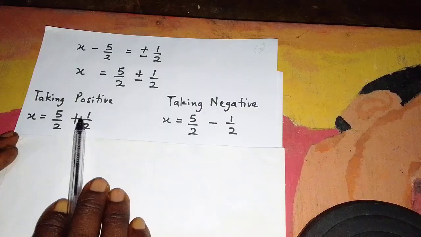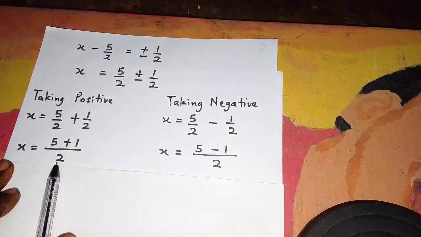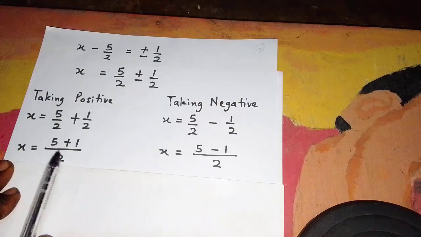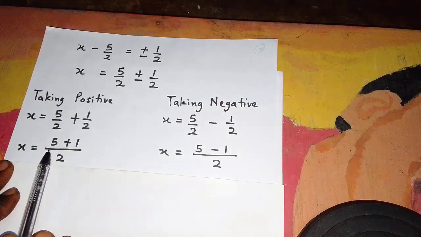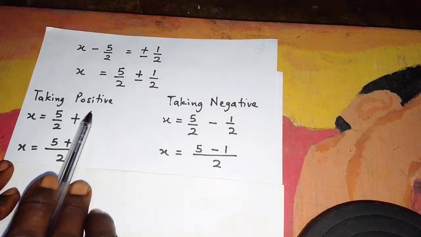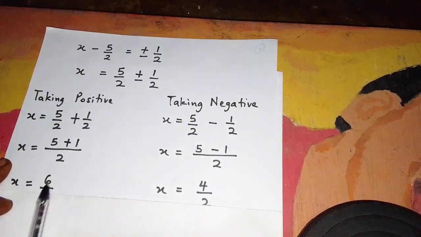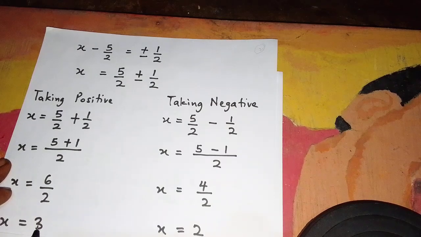These two are fractions, so you treat them like fractions. The LCM of 2 is what? 2. How many 2 are in 2? 1. 1 times 5 will give us 5 plus, how many 2 are in 2? 1. 1 times 1 will give us 1. 5 plus 1 will give us 6. Then divided by 2. 6 divided by 2 will give us 3.